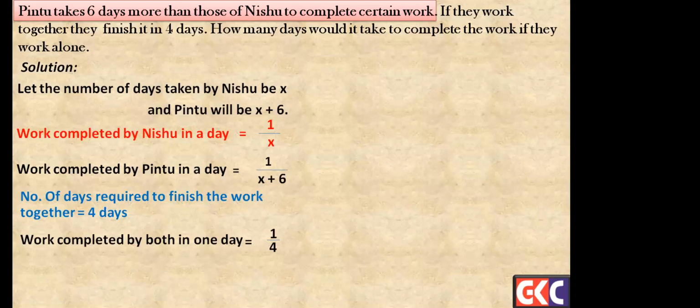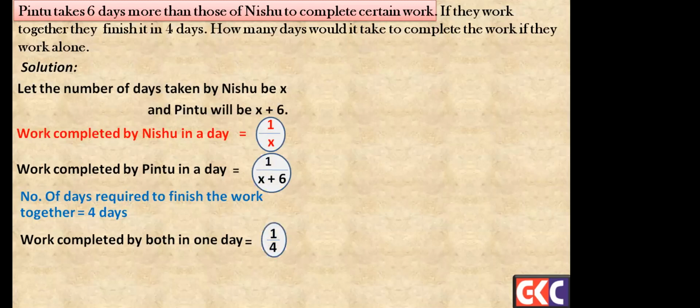Okay. So now let me proceed further. Now the important part, look. Nishu completes 1/x part in one day, right? Pintu completes 1/(x plus 6) part in one day. Together they are finishing 1/4 part, right?